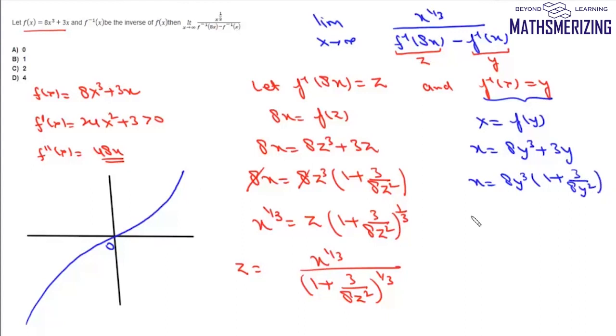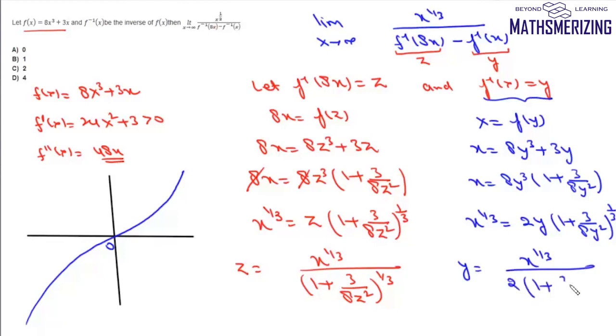And if we take cube root again, we'll get x to the power 1 by 3 equal to 2y (1 plus 3 by 8y square) to the power 1 by 3, or we can write y as x to the power 1 by 3 upon 2 (1 plus 3 by 8y square) to the power 1 by 3.